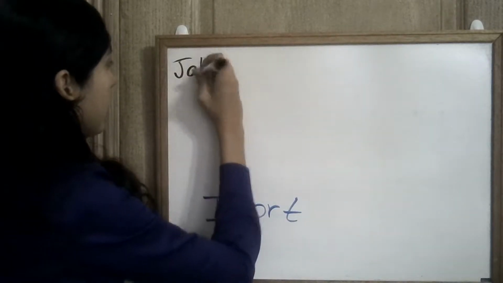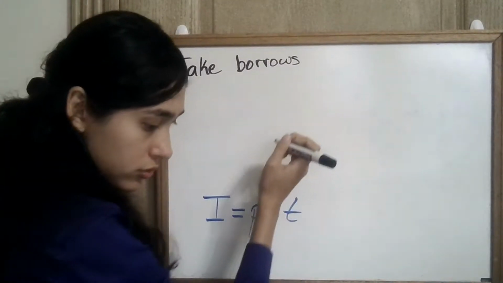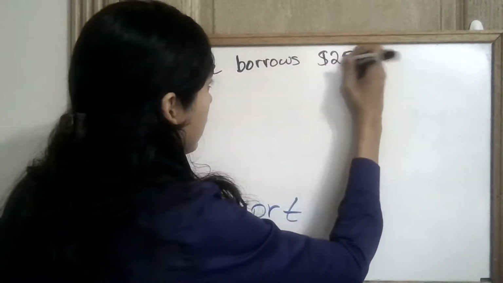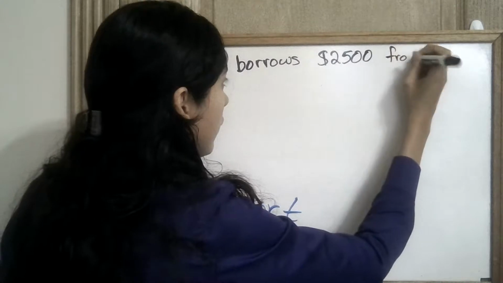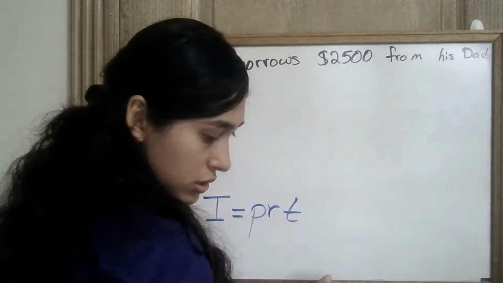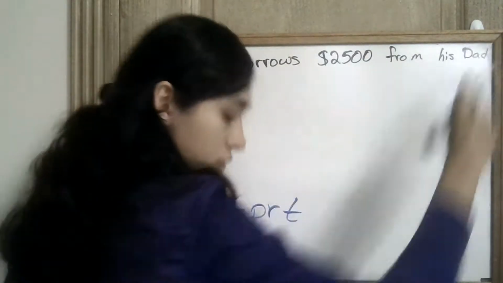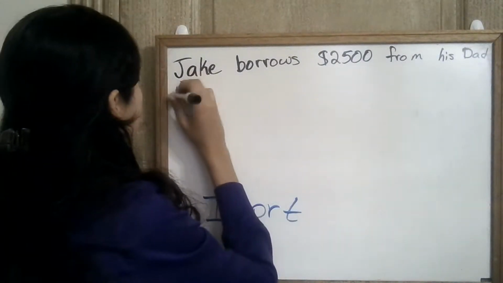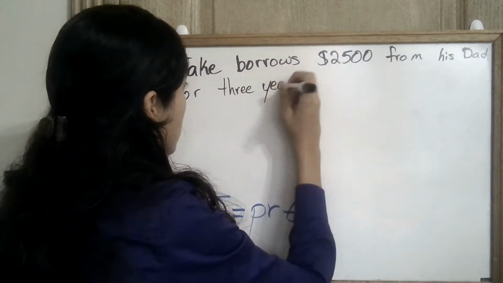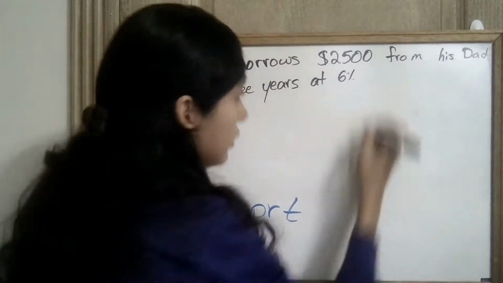So let's say Jake borrows $2,500 from his dad for 3 years at 6% simple interest.